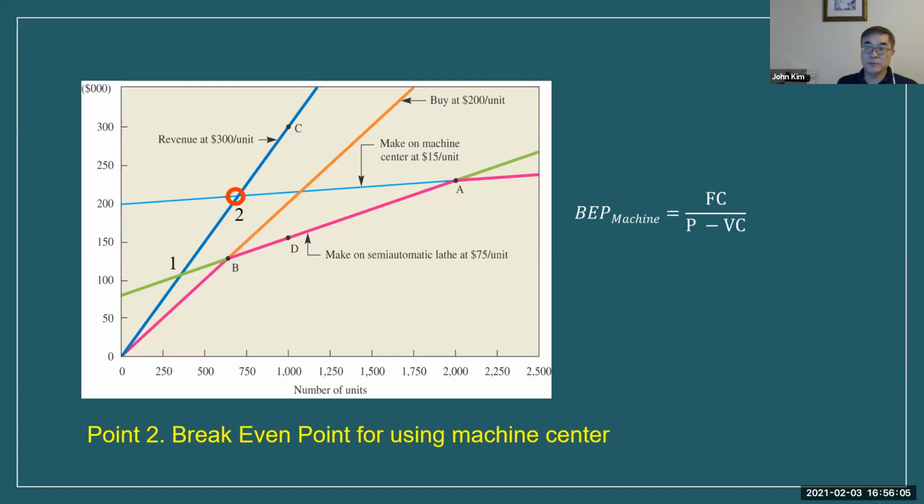Break-even point for the third option: fixed cost 200,000 divided by price 300 minus variable cost $15. So plug in, and approximately 702 units.